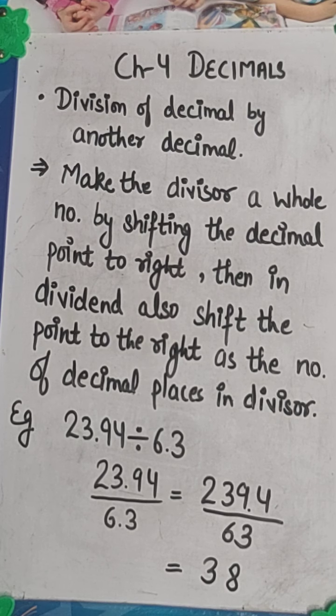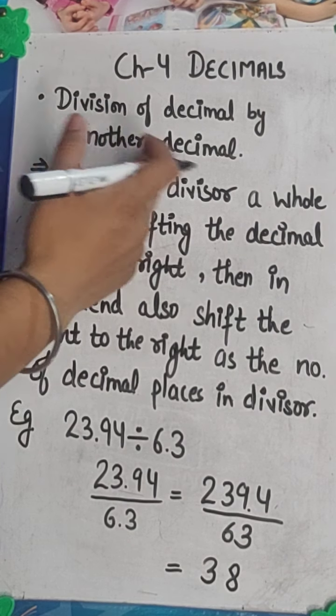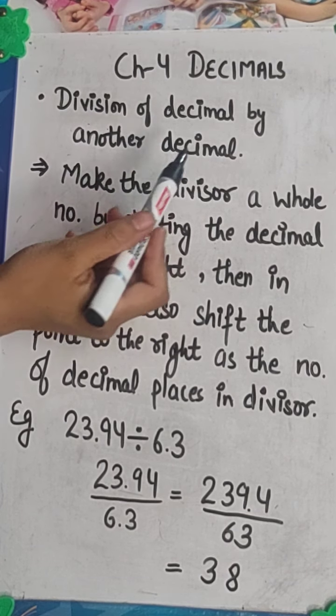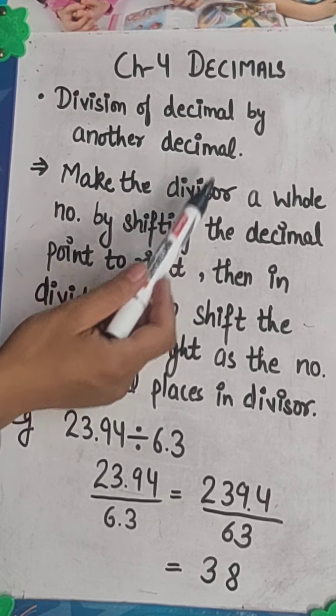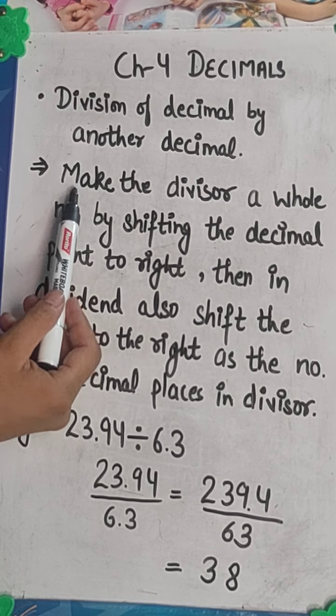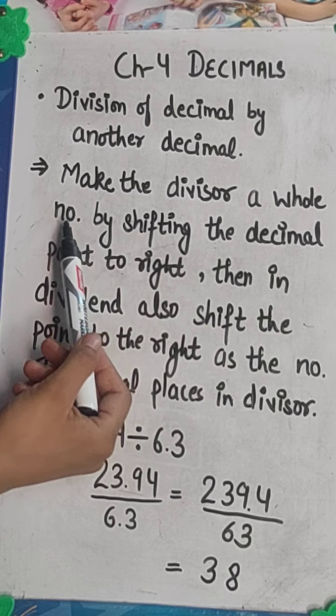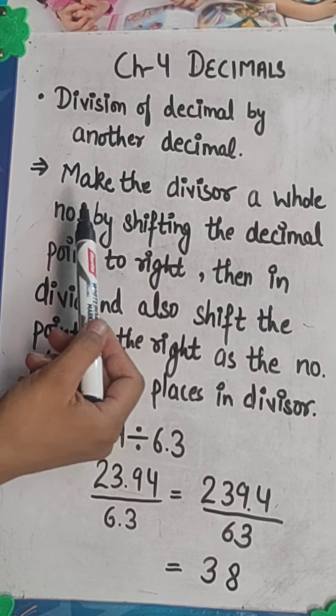Now come to the next type of division: how we divide a decimal by another decimal. What you have to make sure is that you make the divisor a whole number first. How will we make the divisor a whole number?